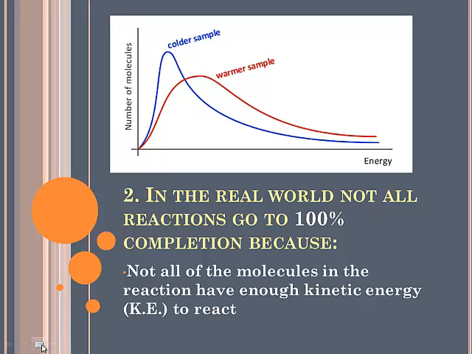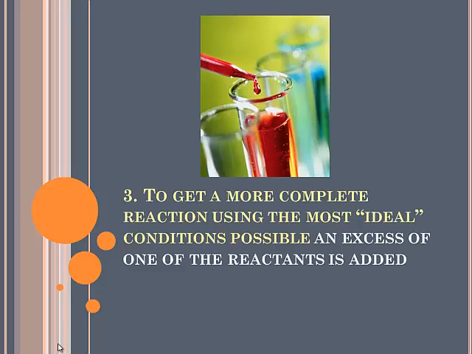So, as a result, not all reactions actually happen to the extent that you would like them to. So in order to get more of the reaction to happen, in other words, to use the most ideal conditions possible, we add an excess of one of the reactants to the reaction.